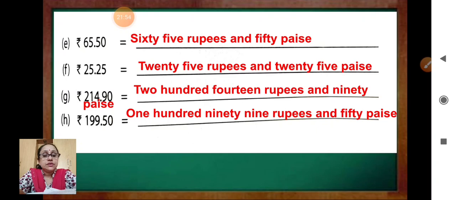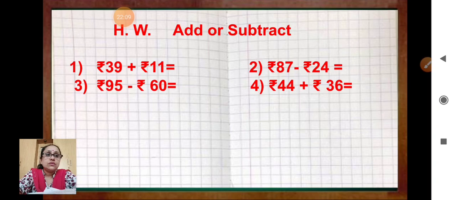Addition and subtraction of rupees we have done today, and you have learned writing rupees and paise. Okay? Now just do this homework. Add or subtract. Question 1, rupees 39 plus rupees 11.